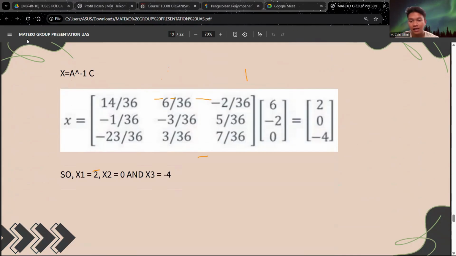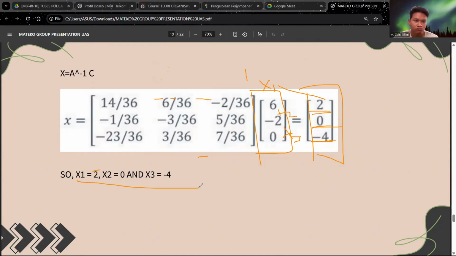Then x equals A inverse times C, like this. We must multiply with C. Then the result is 2, 0, minus 4. So like what I told you before, this is x1, this is x2, this is x3. Then we have x1 is 2, x2 is 0, and x3 is minus 4. Simple. We'll continue.